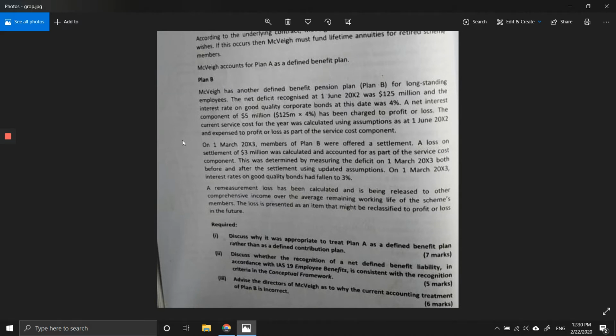The loss is presented as an item that might be reclassified to profit or loss in the future. Discuss why it was appropriate to treat Plan A as a defined benefit plan rather than a defined contribution plan, and discuss whether the recognition of a net defined benefit liability in accordance with IAS 19 is consistent with the recognition criteria in the Conceptual Framework. So we need to compare the standard and the framework. Advise the directors as to why the current accounting treatment of B is incorrect.